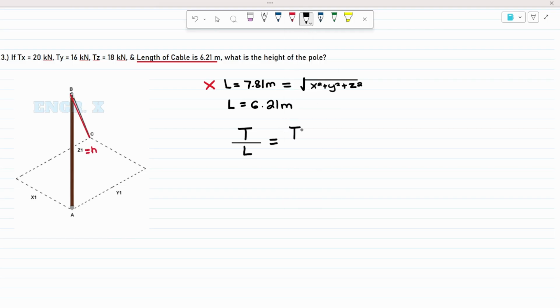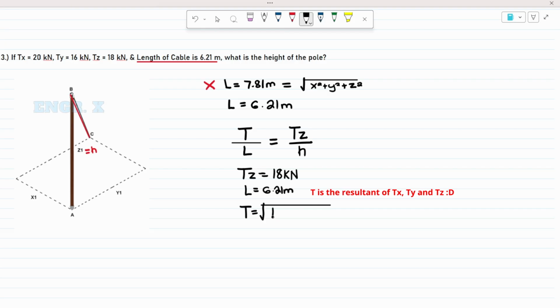So, TZ all over H. We have the value of TZ. TZ is equal to 18 kilonewtons. L, given na 6.21 meters. And yung T, we can solve for T. T is simply the resultant of Tx squared plus Ty squared plus Tz squared.